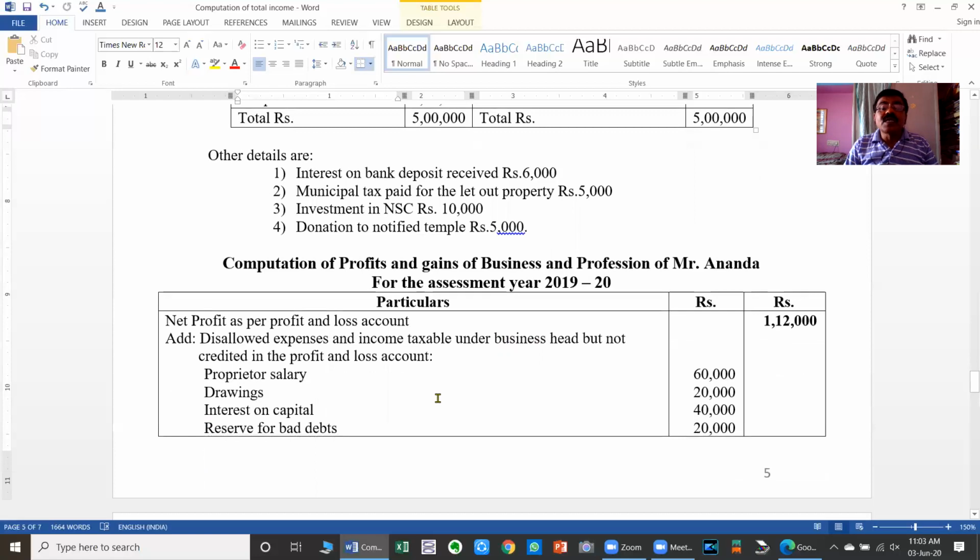To this, we have to add disallowed expenses and incomes taxable under business but not credited in the P&L account. The expenses debited in the P&L account, not related to the business, or in other words disallowed as per the Income Tax Act, are: proprietor salary 60,000 and drawings 20,000, both treated as personal; interest on capital 40,000, also disallowed; reserve for VAT.